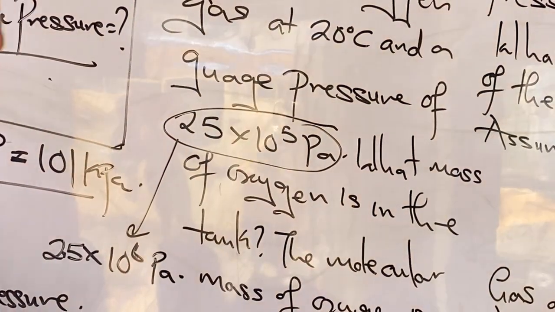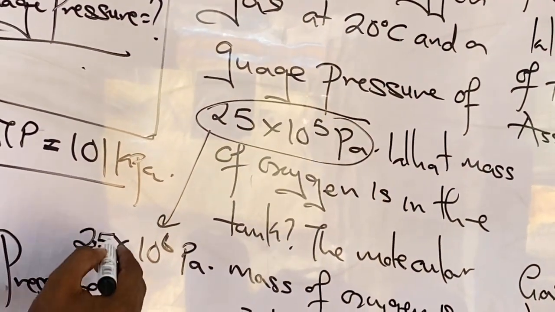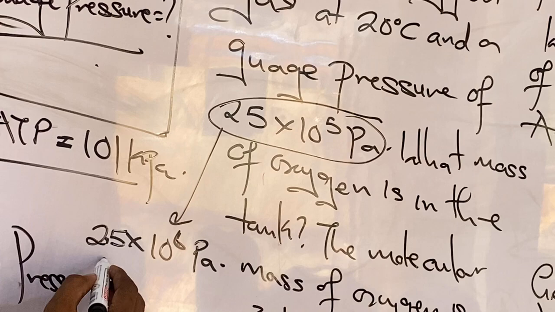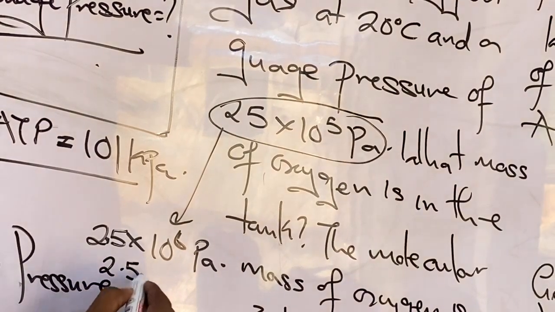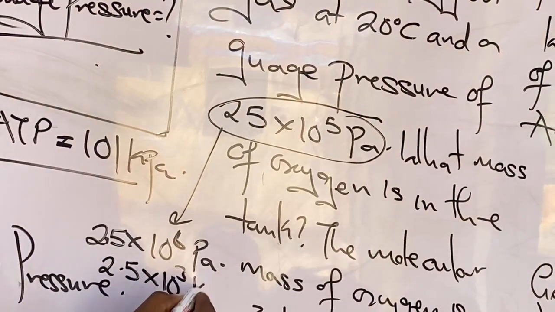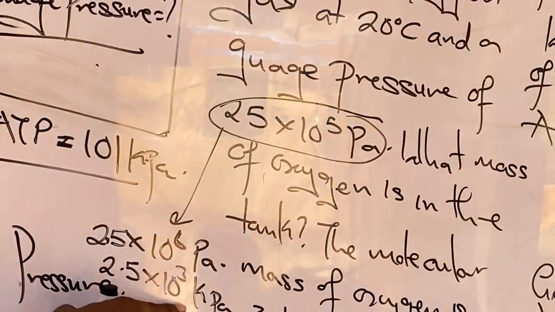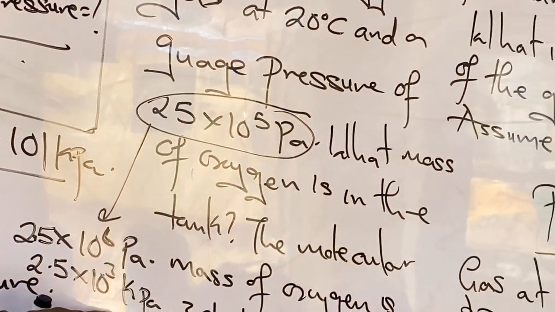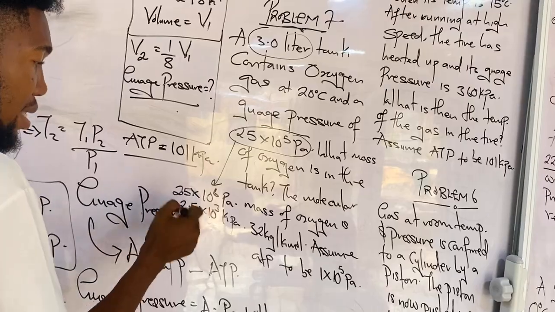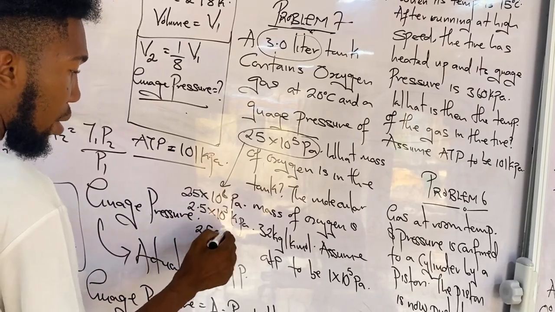And this is equivalent to 2.5 times 10 raised to the power of 3 kilopascal, because kilo is times 10 raised to the power of 3. Are we getting the concept here now? Which is the same thing as saying 250 kilopascal.